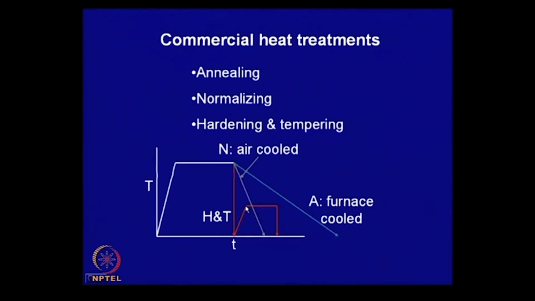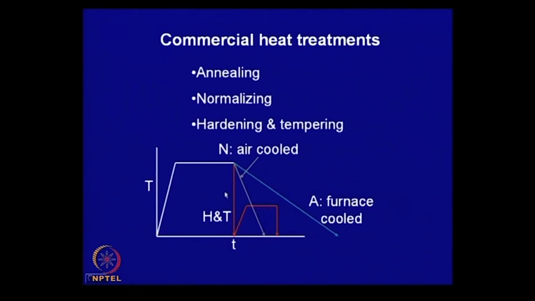At that temperature some amount of transformation takes place, some amount of ductility is restored, brittleness goes down, and then you can quench. So, this part is called tempering and this quenching is the hardening. This red line represents hardening and tempering.